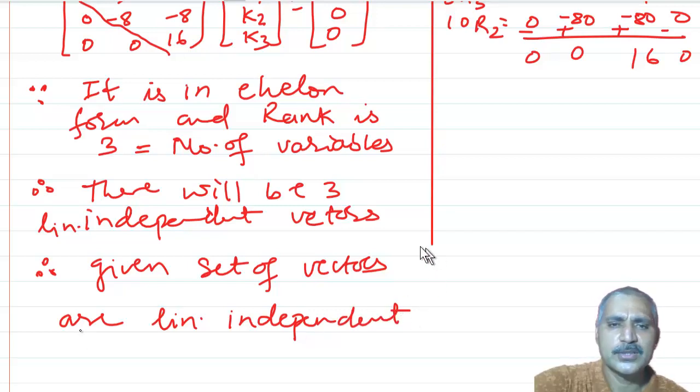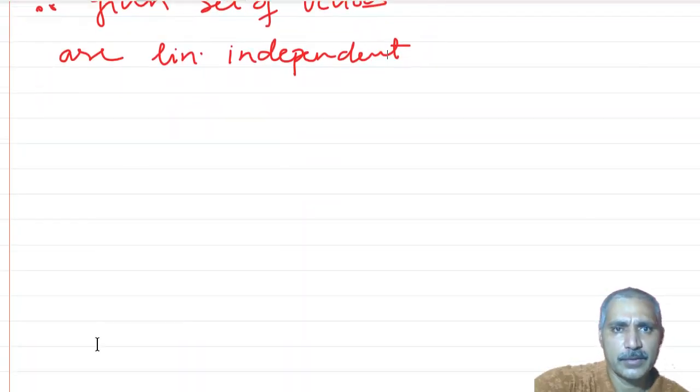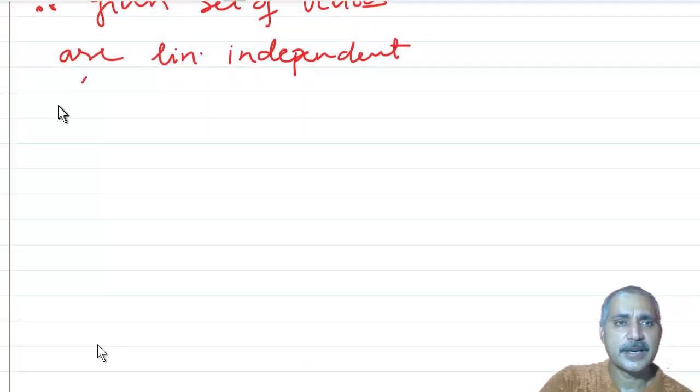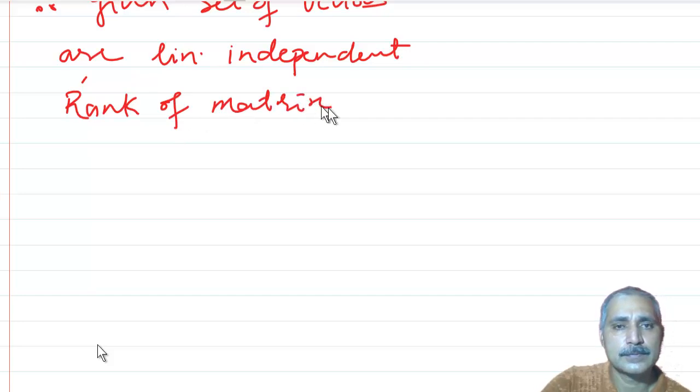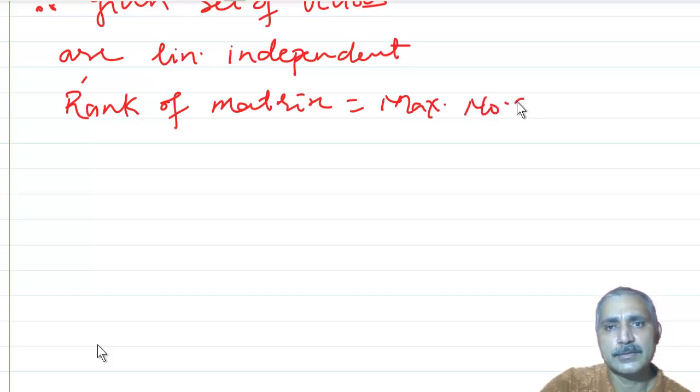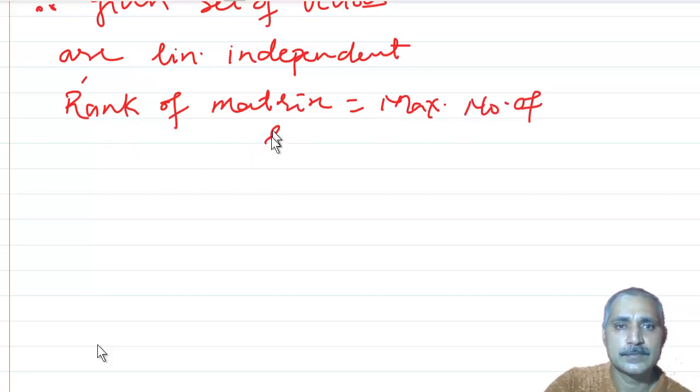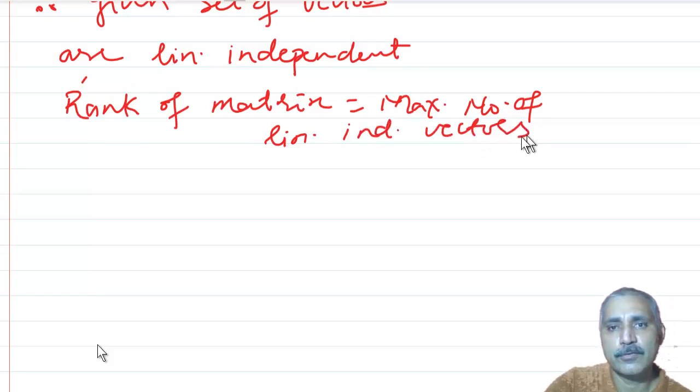Here we are using one property of matrices and rank, that is, the rank of a matrix is equal to the maximum number of linearly independent vectors in it.